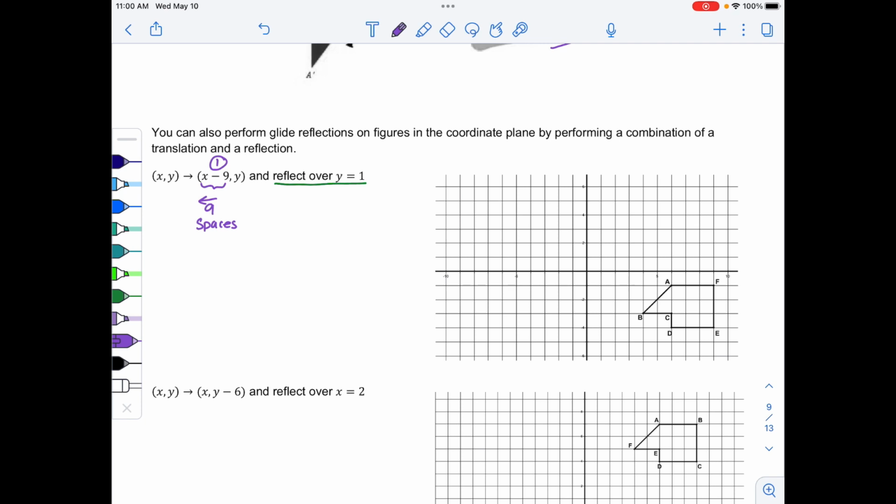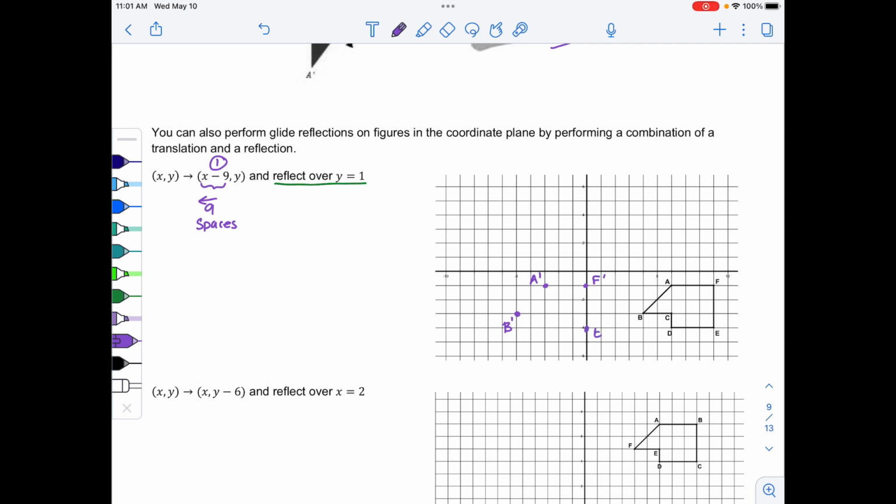Okay, so 1, 2, 3, 4, 5, 6, 7, 8, 9. Here is B prime. I'm going to take A, 1, 2, 3, 4, 5, 6, 7, 8, 9. There's A prime. You can do these in any order you want. It does not matter. Okay, here's F prime.